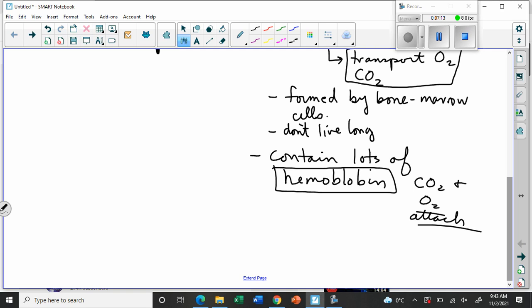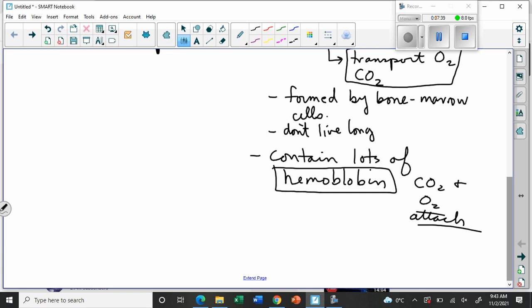And that's how it carries stuff around. Interestingly enough, other molecules can also attach to this. And the nice thing about carbon dioxide and oxygen is they can attach and they can let go quite easily. So they can be picked up and dropped off very easily all over the body. But other molecules can stick to the hemoglobin and they stay stuck.